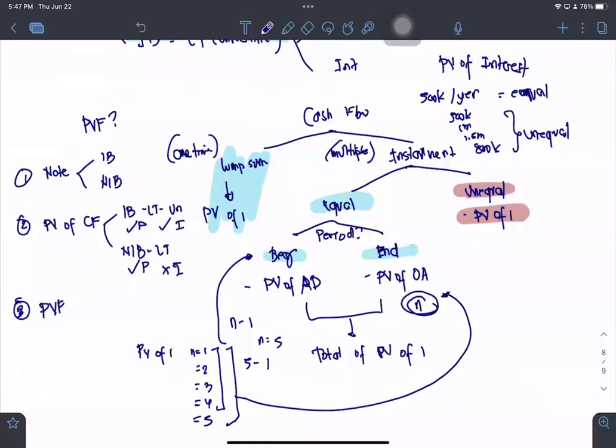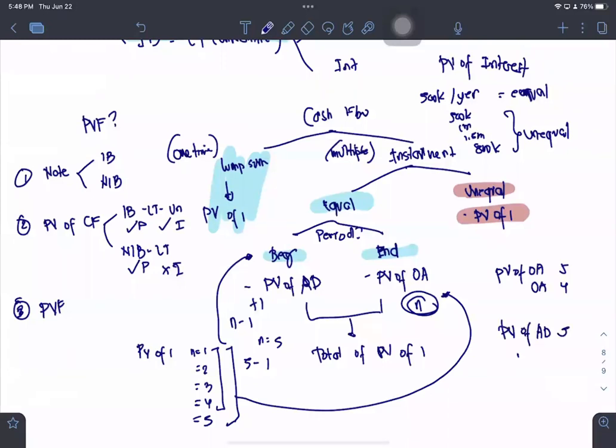And if you still have a problem on how to get the present value of ordinary annuity and annuity due, the total of that, you add 1. So what if you are given PV of OA, let's say 5 and 4, and you need to get the PV of AD?